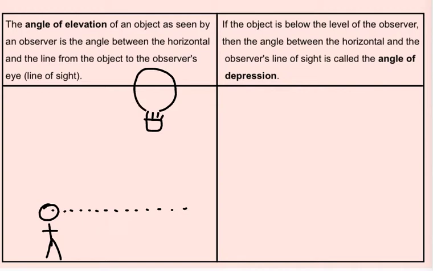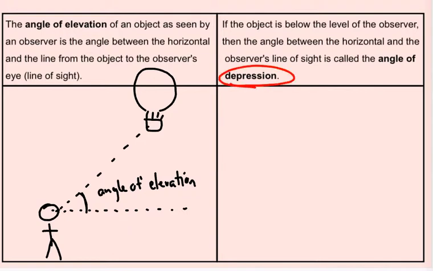From the line of sight up to the balloon, this is your angle of elevation. From looking straight ahead to looking up to an object, that angle itself is going to be your angle of elevation. Angle of depression is kind of the same, except you're looking from up top and you're looking down.